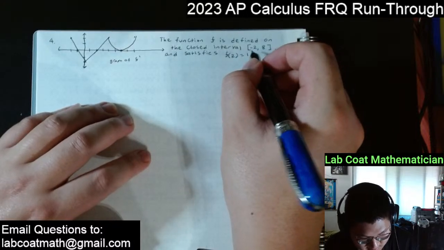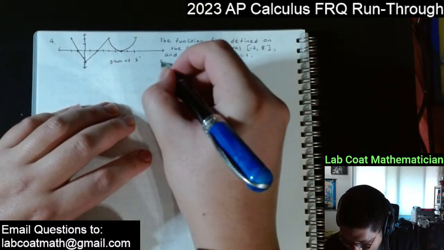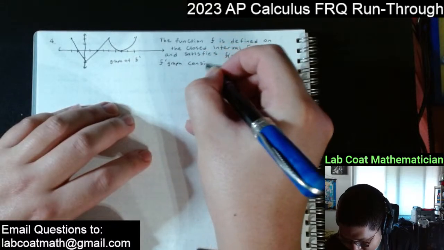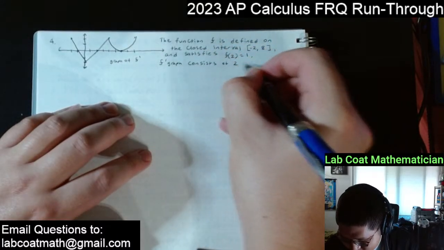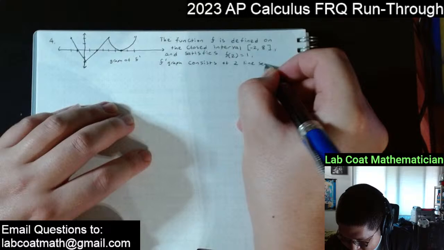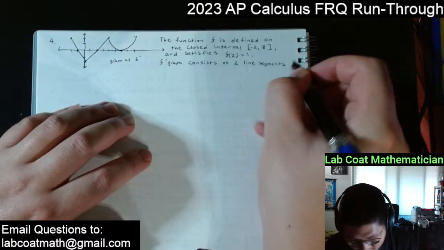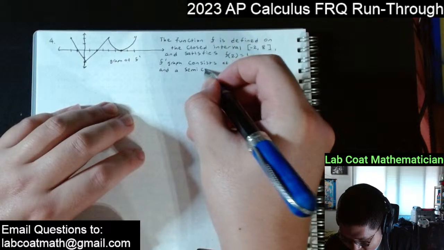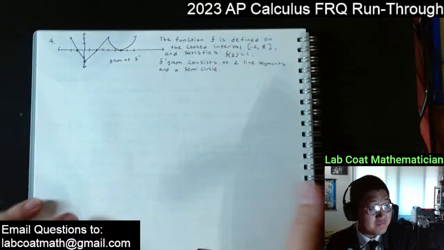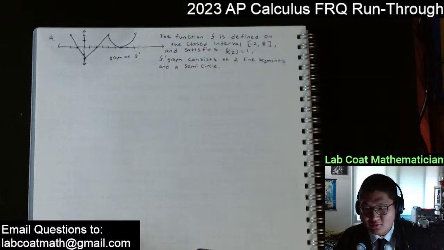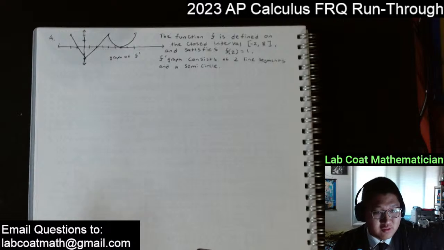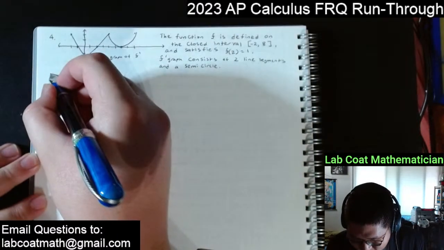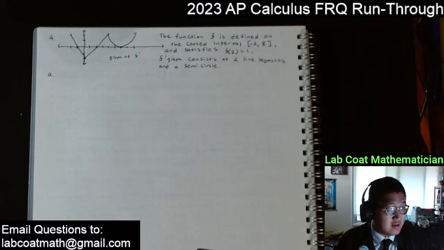Okay, and then the f prime graph consists of 2 line segments and a semicircle. All right, very good. So we've got all that we need for this part right now. And let's move onwards to part A to get started right here.